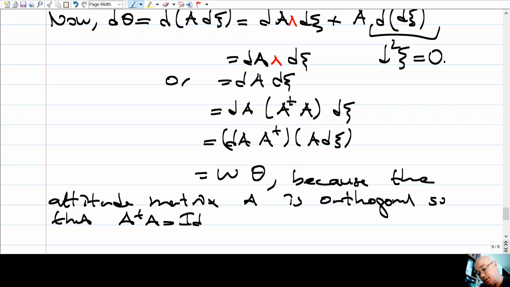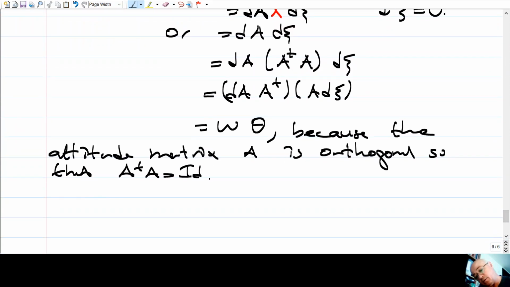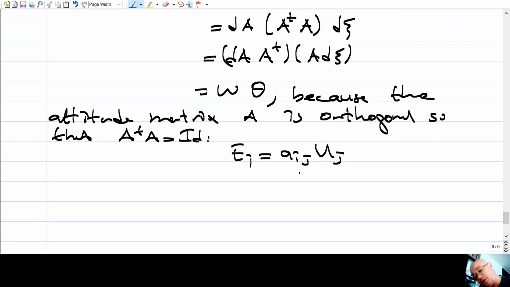And why is that? Explanation for this: the entries of A, right? It was defined this way: Aij, Uj.